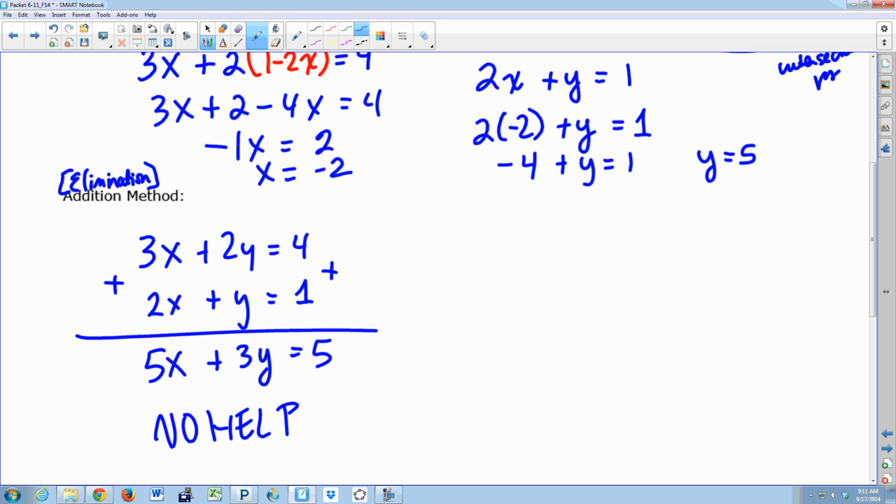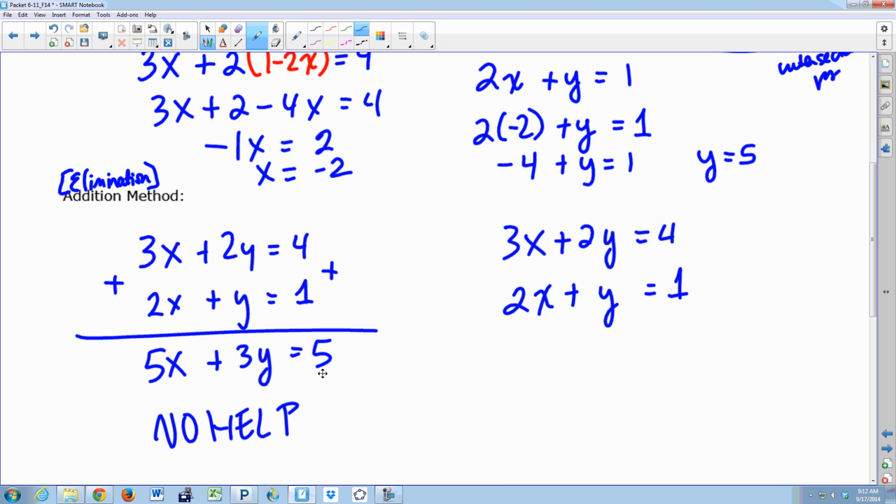Okay. However, we know because we have equations that we can multiply both sides of an equation by any number that's not 0 without changing it. So the idea now is to say, if I want to eliminate x or y, if I can make the numbers that multiply, which we call coefficients, opposites, I know when I add opposites, I get 0.